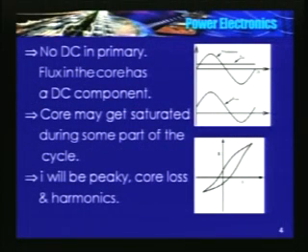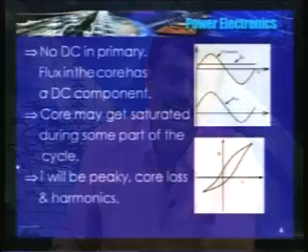So my excitation has increased in one cycle and in another cycle there is a decrease. So what will happen to the BH loop? I have a non-symmetrical BH loop.